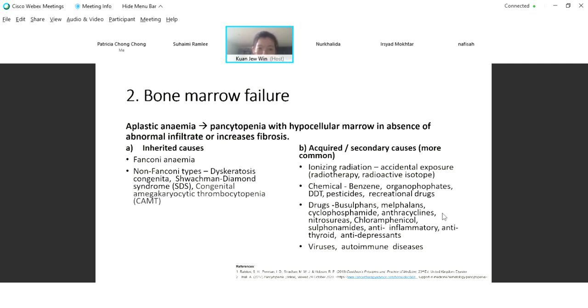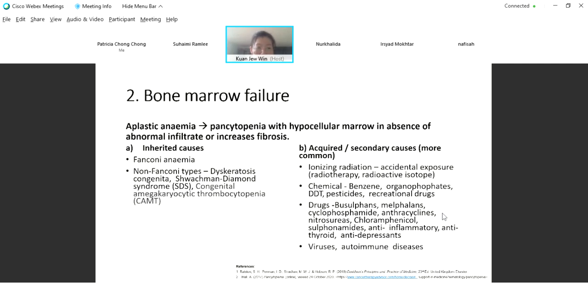Okay, yes, this slide. You all have learned aplastic anemia in your year 3. Whenever we talk about aplastic anemia, usually we are talking about acquired idiopathic aplastic anemia.